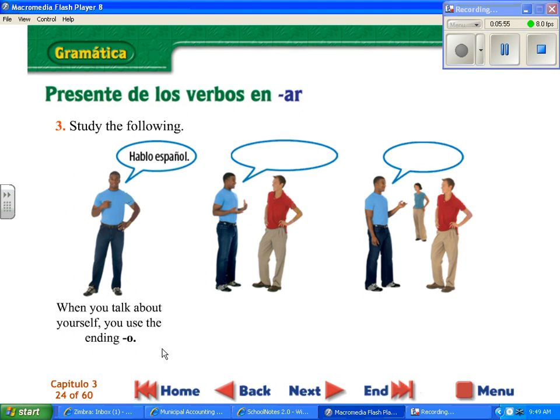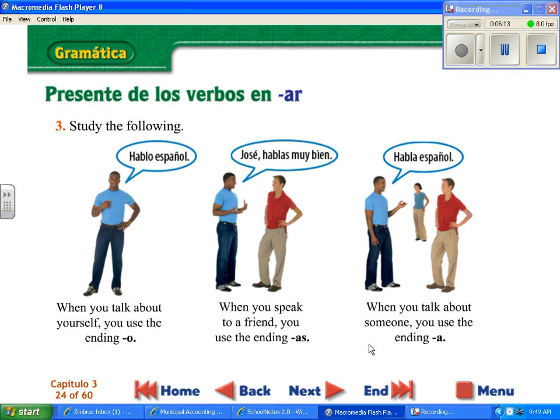You use the ending O. When you speak to a friend, you use the verb ending AS. José, hablas muy bien. When you talk about someone, you use the ending A. Habla español.